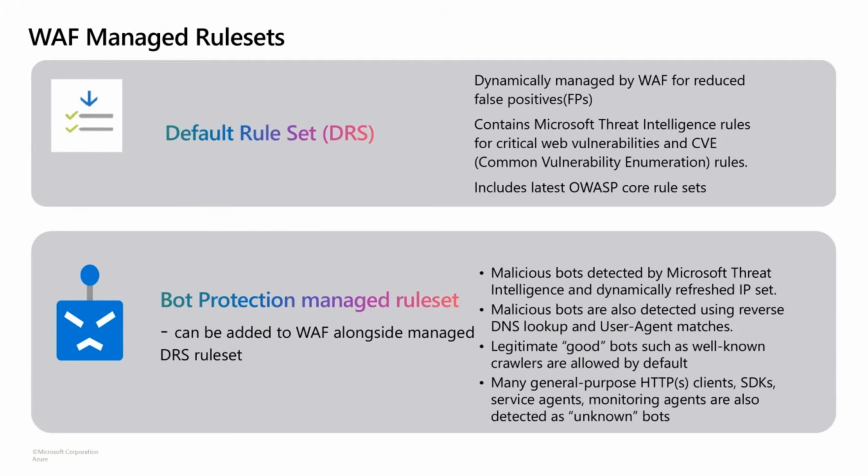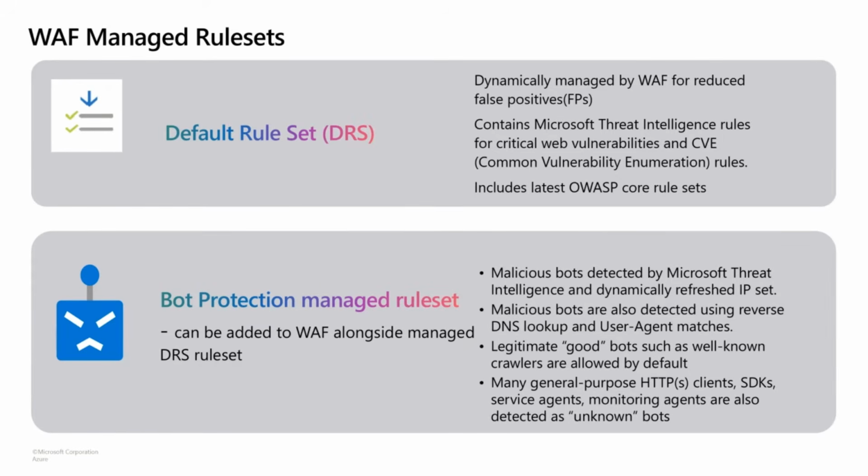The DRS rule set uses anomaly scoring, and we'll see this in a bit more detail, which basically allows more intelligent threat detection instead of blocking traffic just based on a single rule match. Just a note on the default rule set, we do know some customers may still be using the older WAF policies, the older WAF rule set, specifically the core rule set, known as CRS.